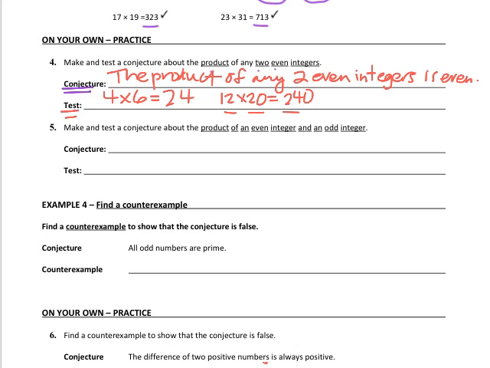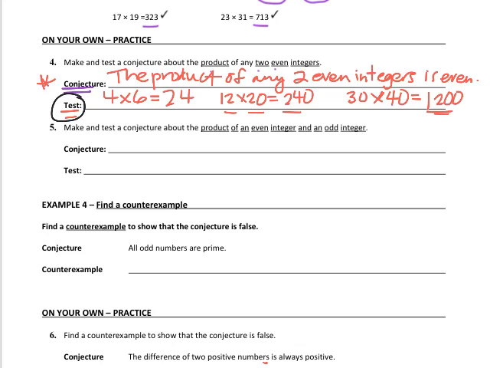Even, the result is even. And some bigger numbers, 30 times 40, those are both even, both divisible by 2, and that equals 1200, also an even number. So I had to come up with a conjecture, and then I had to test and make sure that those can prove that my conjecture is correct.